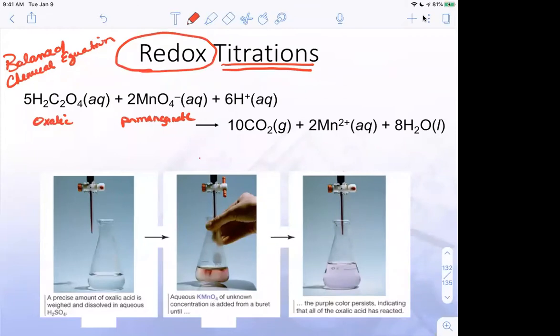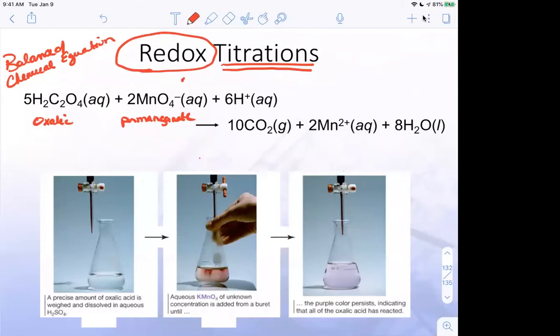There is an entire process that needs to be followed in order to balance these reactions. It's the balanced equation that is used in this titration. So if I give you a redox titration problem, I will also give you the balanced equation for the redox reaction.